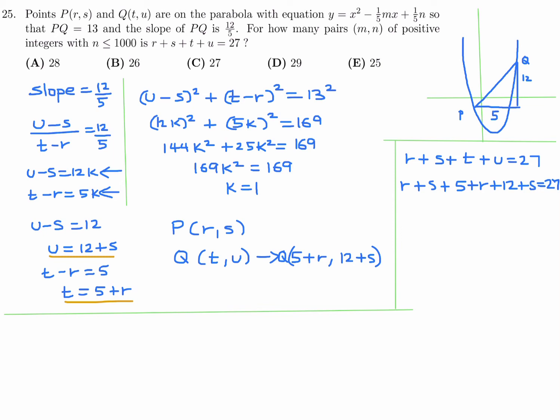This simplifies to 2S + 2R = 10, and therefore S + R = 5. That's my first very helpful piece of information.